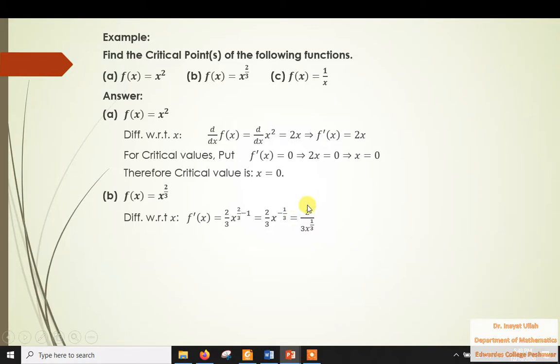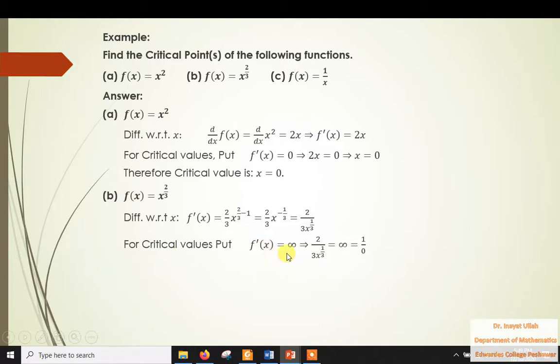There is no variable in the numerator, so we just need to use the idea for critical values to put f prime x equal to infinity. If there is a variable in the numerator, we will be using f prime x equal to 0 and f prime x equal to infinity both. But whenever there is a variable in the denominator, just use this idea that f prime x equal to infinity in order to find the critical values.